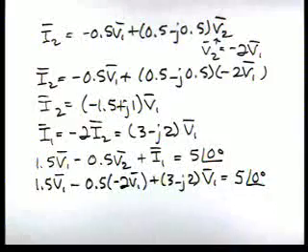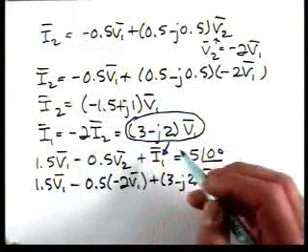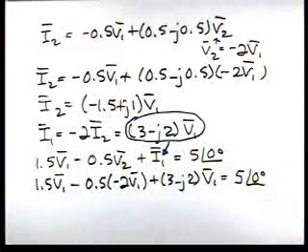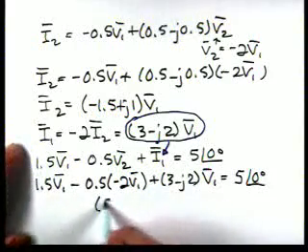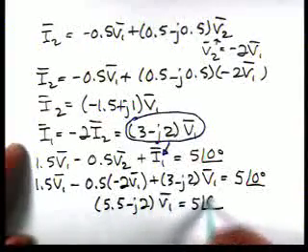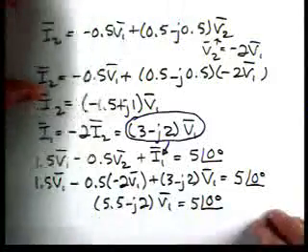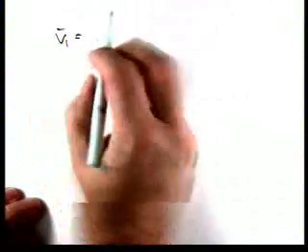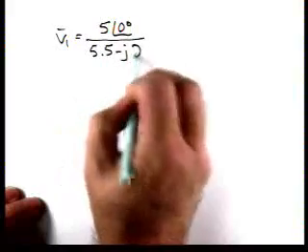So we took this term and substituted in for I1. And when we do this, we'll get 5.5 minus j2 V1 equal 5 at an angle of 0. So now we can solve for V1 from that equation. Okay. So V1 is 5 at an angle of 0 divided by 5.5 minus j2.